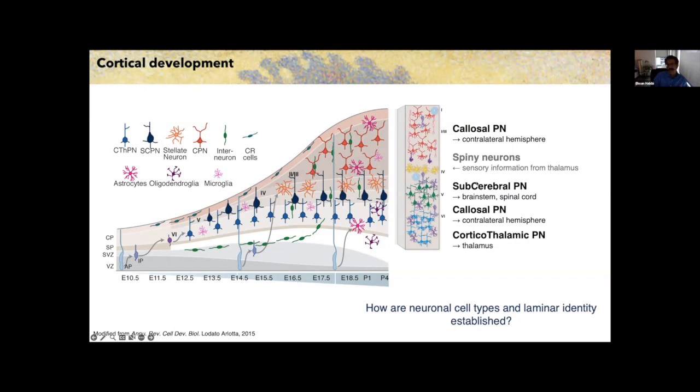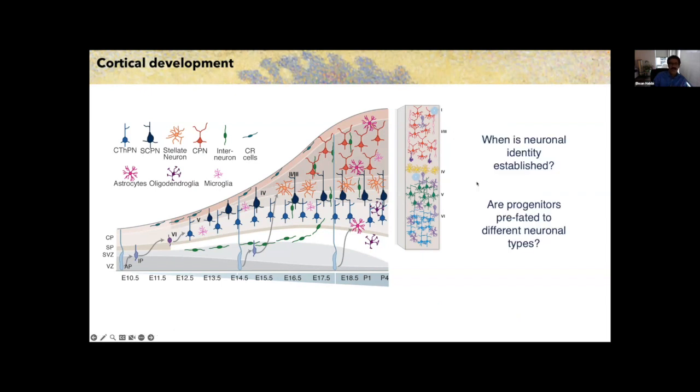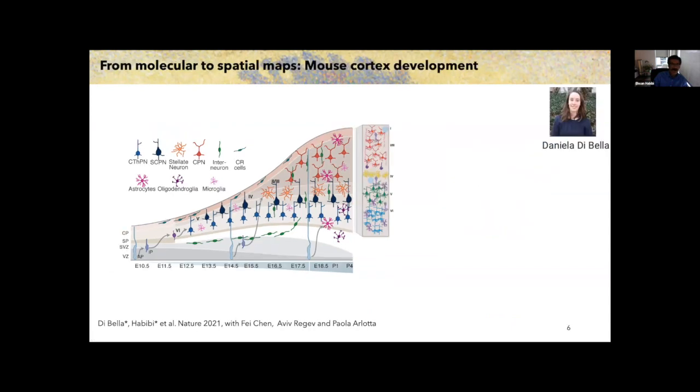Interesting questions we can ask now are: when is neural identity established, and are these progenitors prefated to give rise to different types of neurons, or are they not?